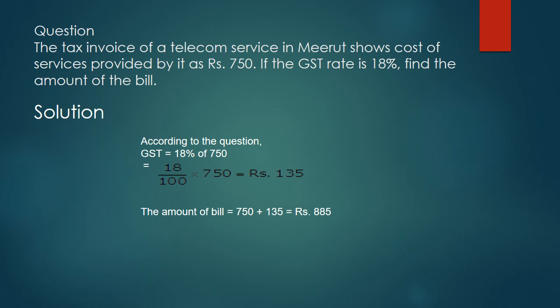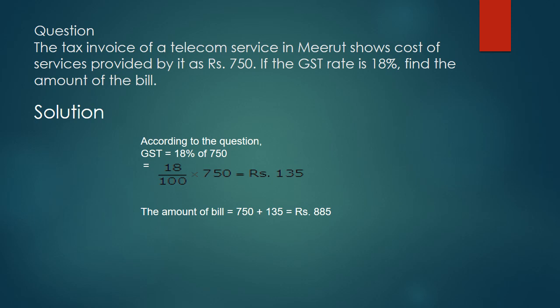So, according to the question, the rate of GST is 18% and the cost of services provided is rupees 750. GST is a tax which will be calculated as 18% of 750. So, 18 into 750 divided by 100 will be equal to rupees 135.